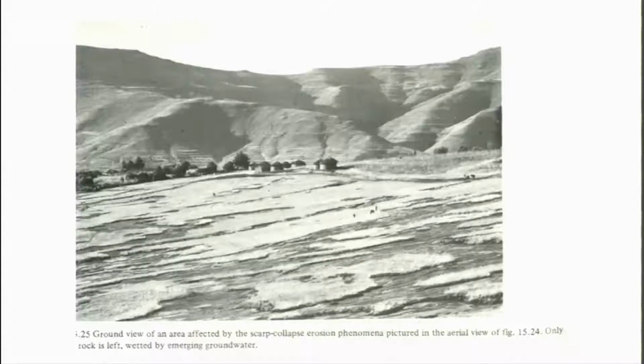This is showing the ground view of an area affected by the scarp collapse again. So there is erosion at its base, and only here the rock is left, and that is wetted by the emerging groundwater.